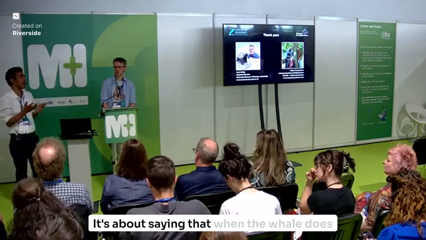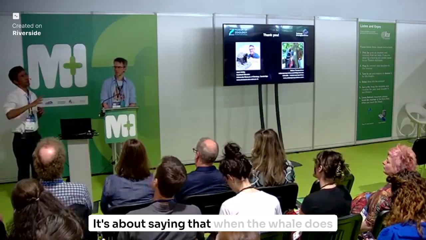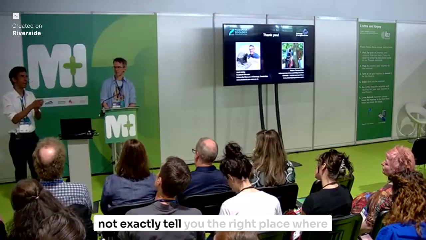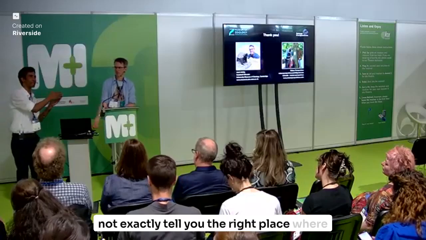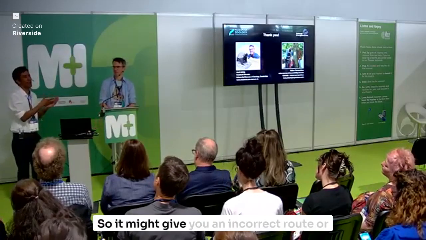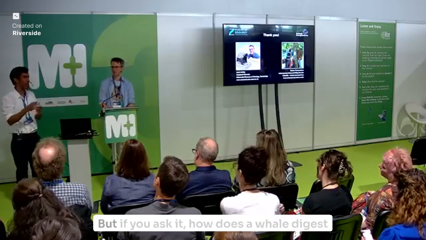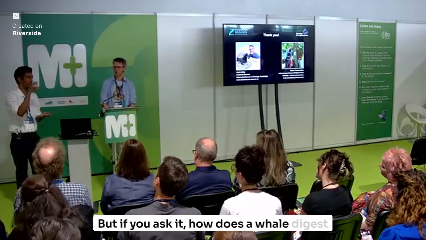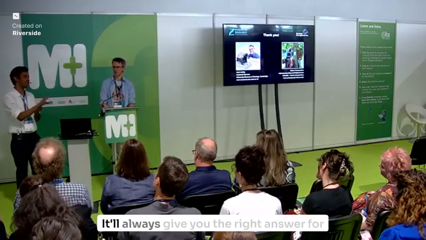It's about, for example, when the whale does not exactly tell you the right place where its bones were transported from, so it might give you an incorrect route or something. But if you ask it how does a whale digest its food, it'll always give you the right answer for that.